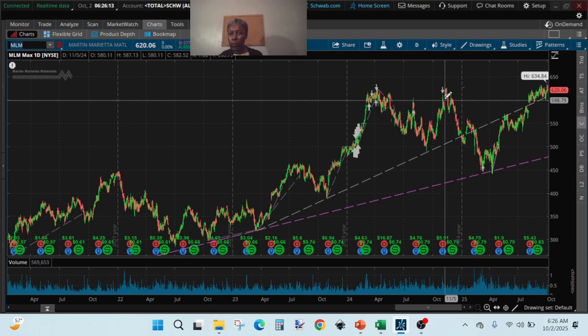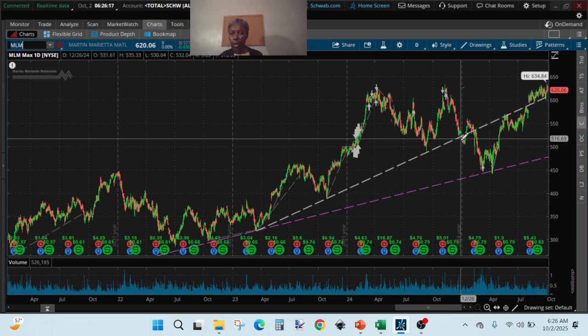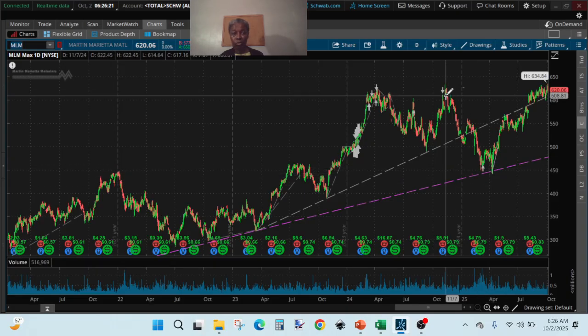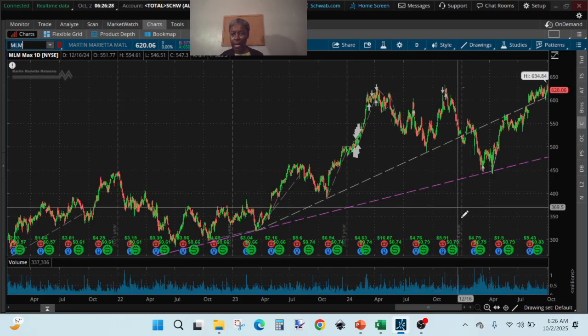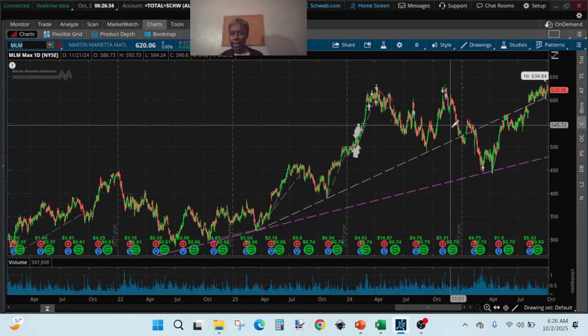MLM, we purchased it somewhere there, and then it dropped on us. That was in 2024, by the way, because we have the dates on the x-axis and the price on the y-axis, and the dotted lines are years. So in 2024 we purchased it, and then it fell back.